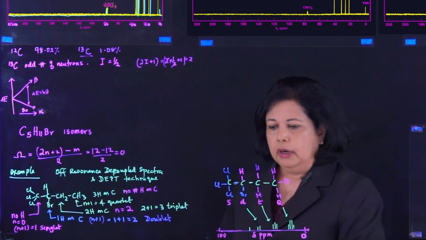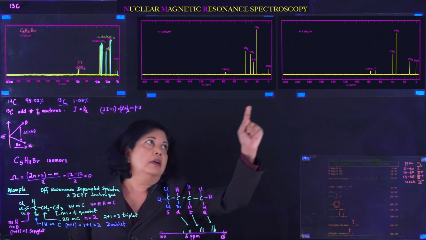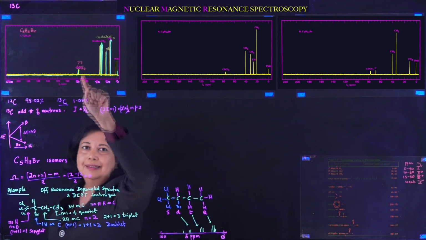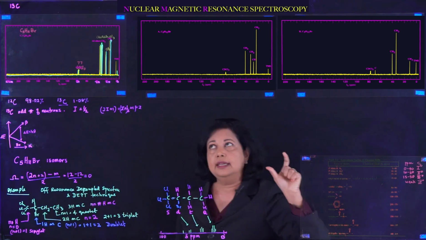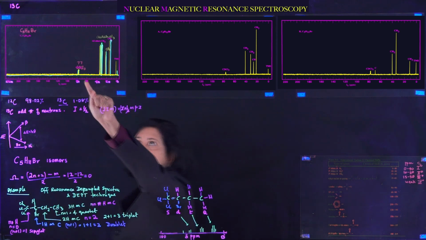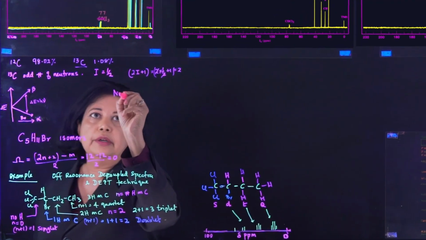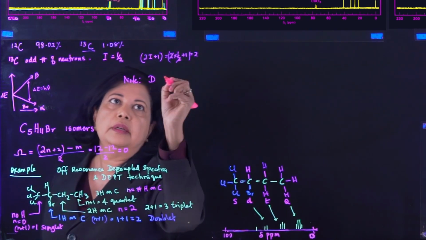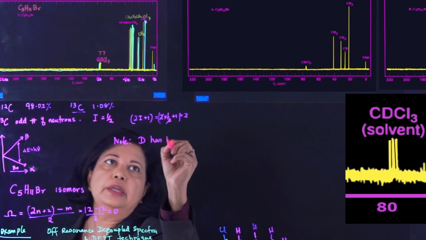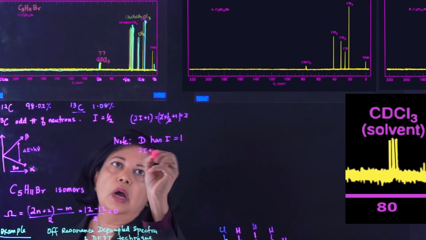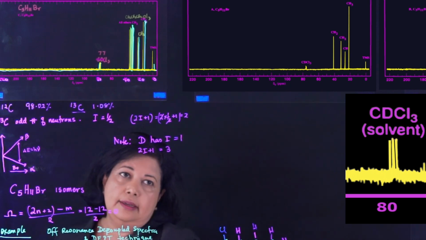Another important thing that you would notice on all of this is the CDCl3 peak at 77. This is a coupling between the carbon and the deuterium. I'm going to put a note here. Deuterium has an I value of 1. Therefore, 2I plus 1 is going to be 3.